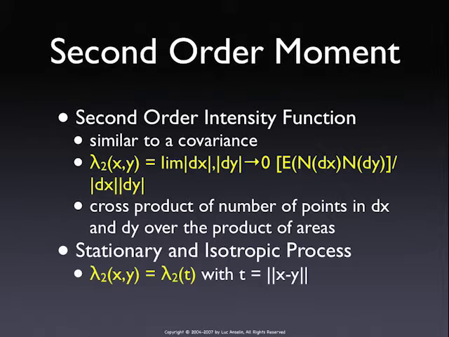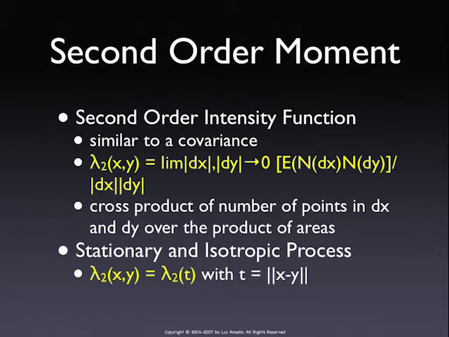The number that comes out of that is some measure of correlation between the number of points in each of these areas. If there is no correlation between them, it should follow a certain pattern. If there is correlation, it will be different. This is something that, again, we would like to estimate from the data.